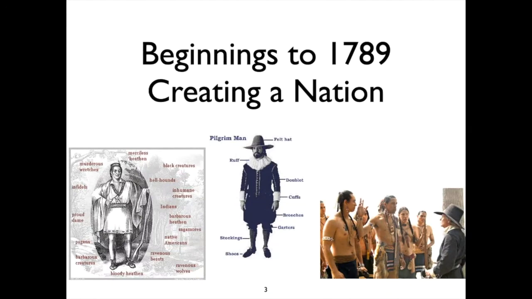The chapter, entitled Beginnings to 1789, Creating a Nation, is about the beginning of American history. It begins thousands of years ago with nomads that traveled from Asia all the way across a land bridge to the Americas.